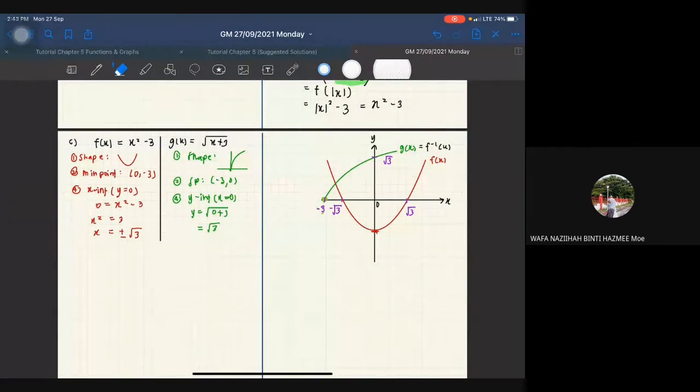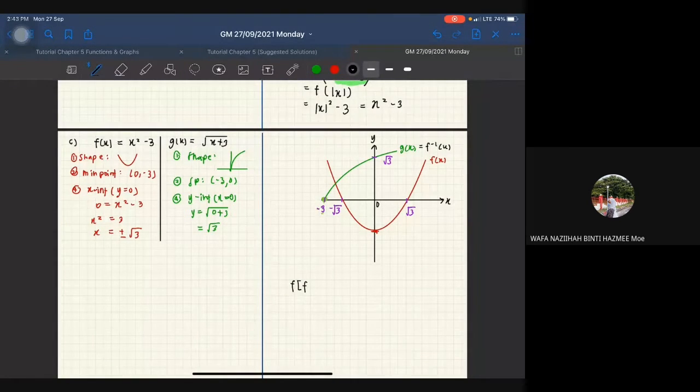Okay, so awak ingat macam ni. Contohlah kita ada, we have f inverse x, dia akan sama dengan x. Okay, and then kalau kita ada f inverse dekat luar, and then the inside is fx, this one pun dia akan dapat sama dengan x.